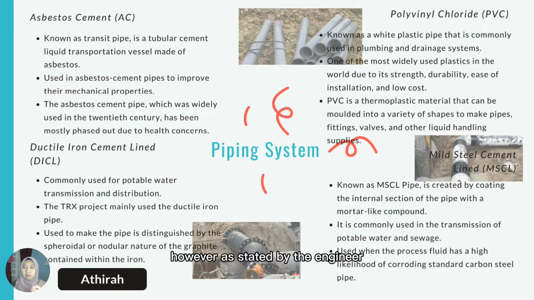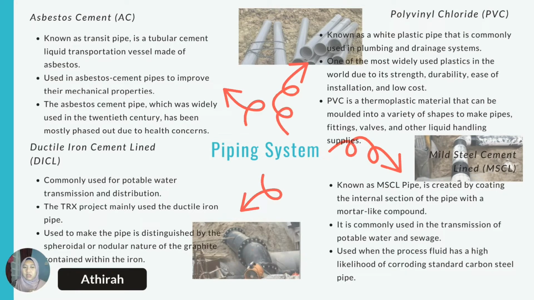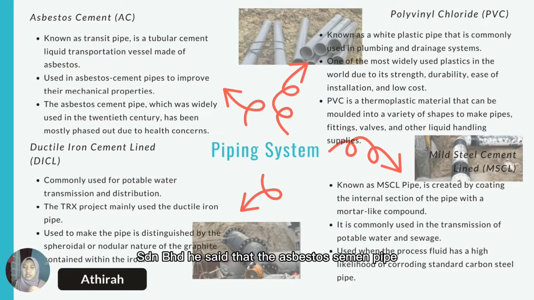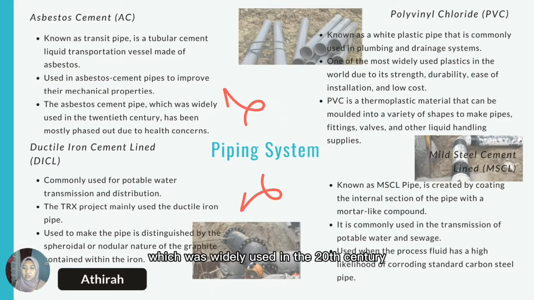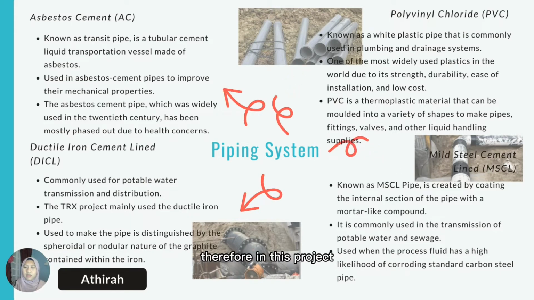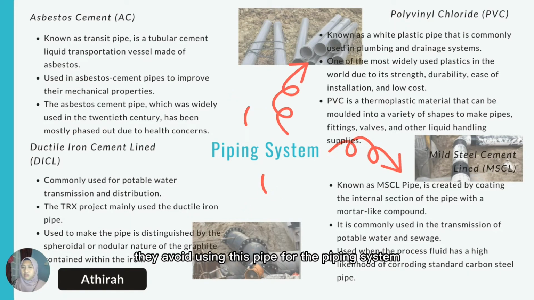However, as stated by the engineer Encik Azizan from the Ecom Perunding Sdn Bhd, he said that the asbestos cement pipe, which was widely used in the 20th century, has been mostly phased out due to health concerns. Therefore, in this project, they avoid using this type for the piping system.